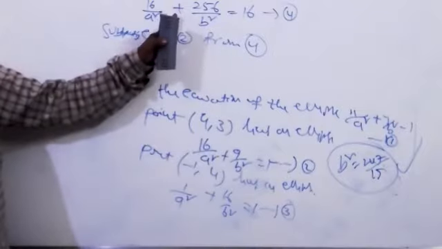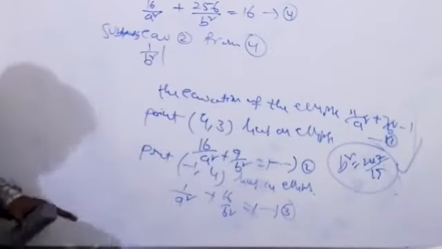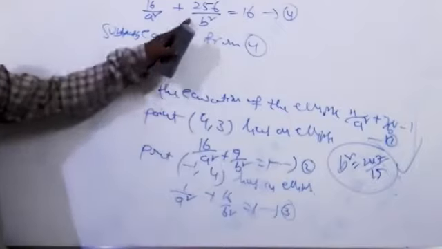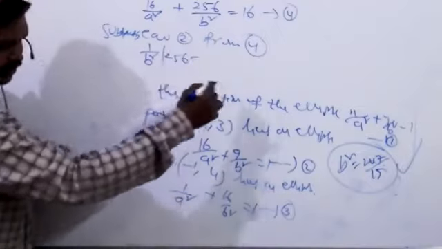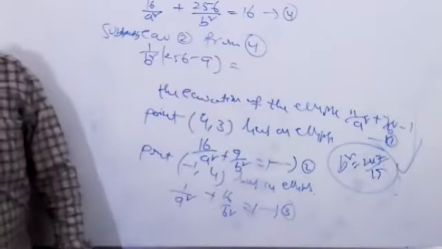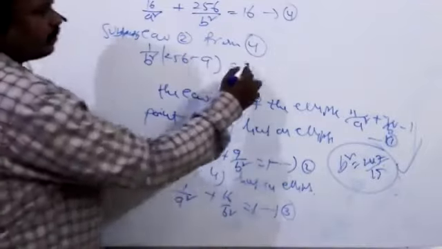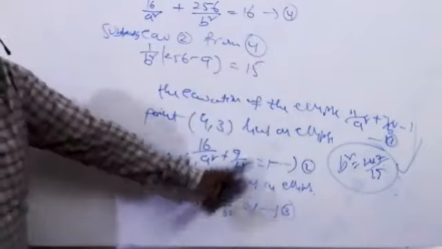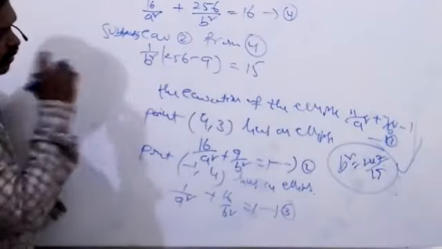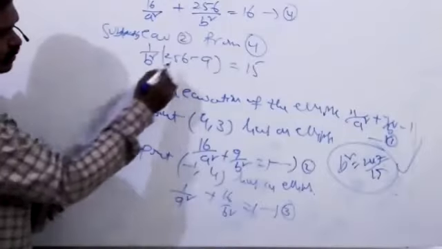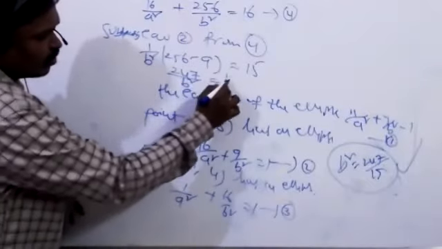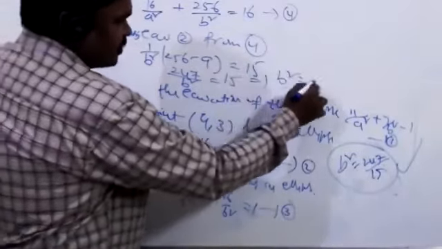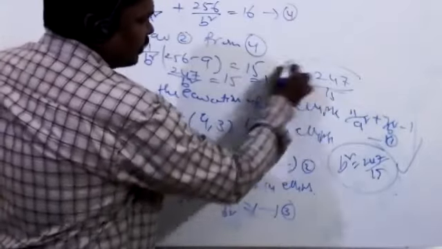Then 1 upon b square becomes common. 256 minus 9 is 247, and 16 minus 1 is 15. So 247 upon b square is equal to 15. That implies b square is equal to 247 upon 15.